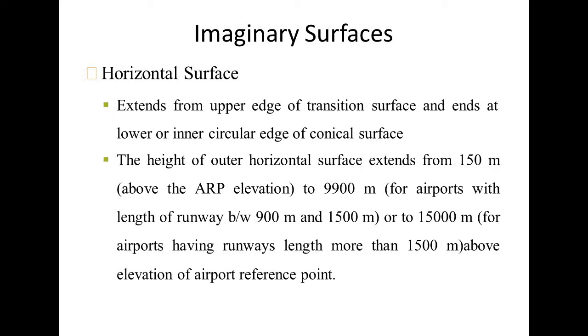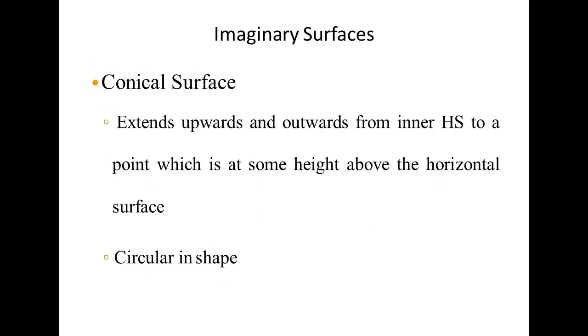It extends from the upper edge of the transition surface and ends at the lower or inner circular edge of the conical surface. Conical surface extends upward and outwards from the inner horizontal surface to a point which is at some height above the horizontal surface.